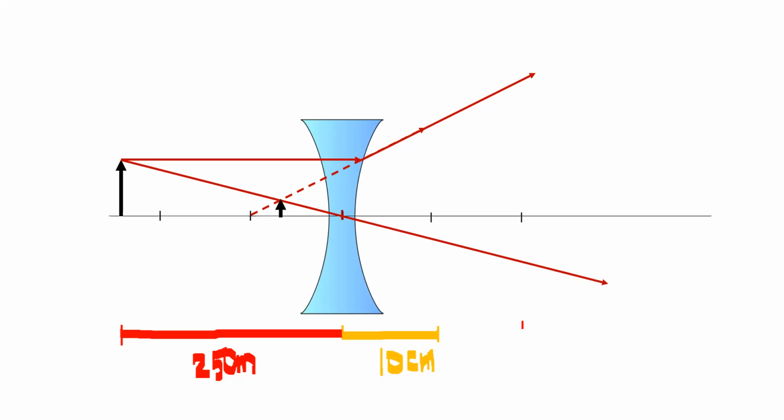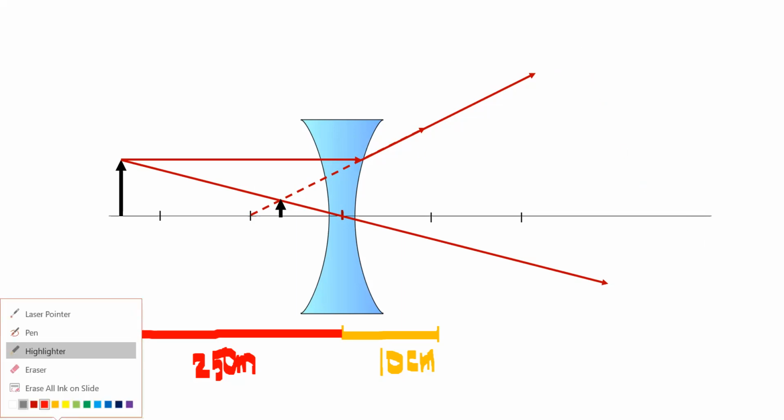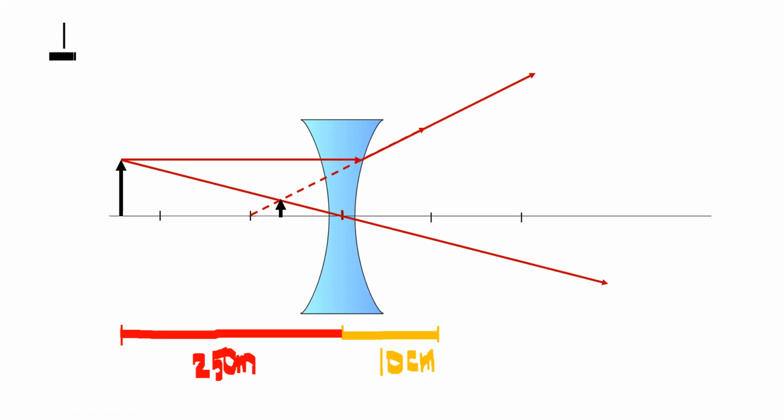So this is the drawing method. If I now ask you to use the formula and calculate where the image is formed, can you please give me a good answer? 1 over F equals 1 over U plus 1 over V. Can you please calculate for me?